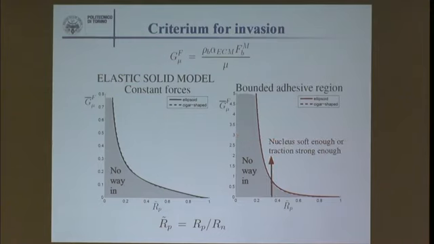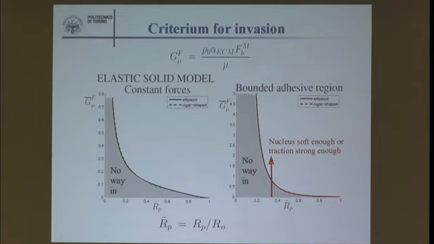Otherwise, if you look in this direction, if you have a given size of the microchannel, then if this G increases, the cell is again able to pass through the microchannel.